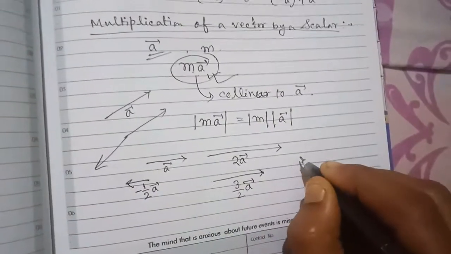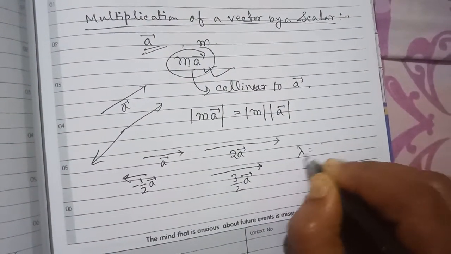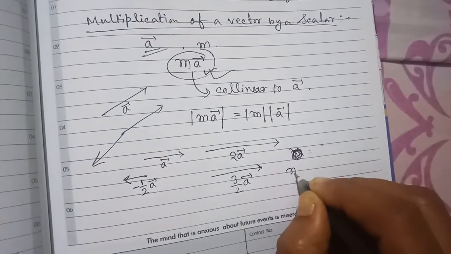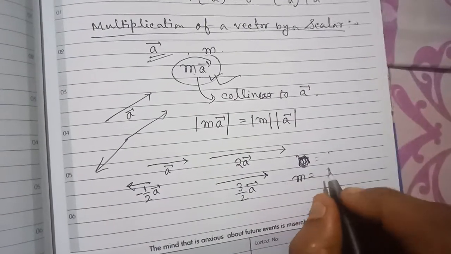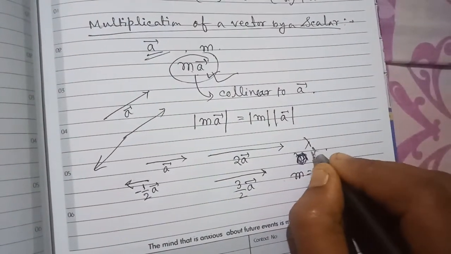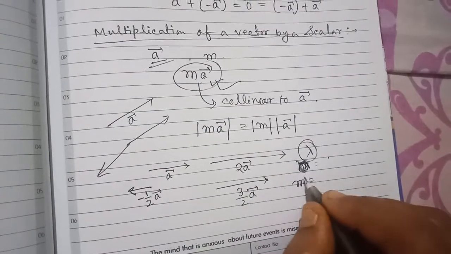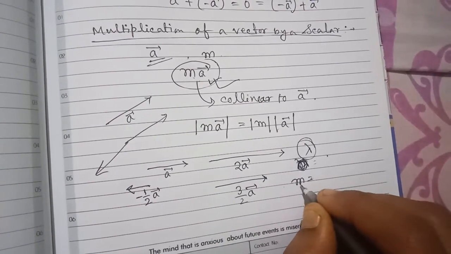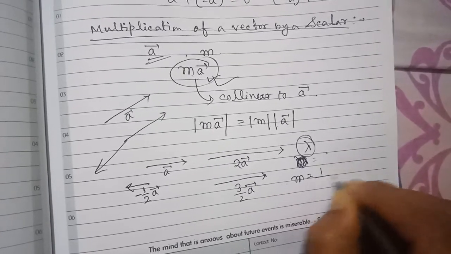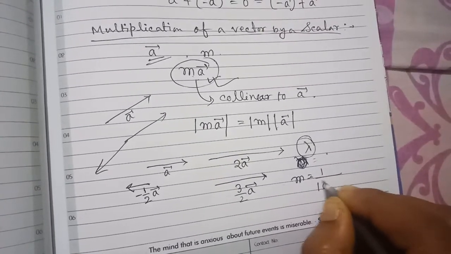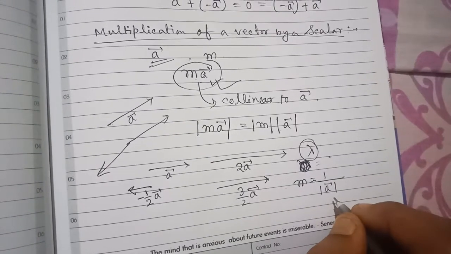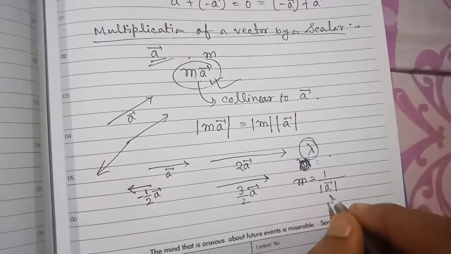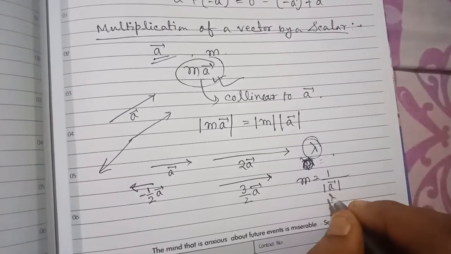Now think about, suppose lambda, actually lambda is used in your NCERT book, I am using m. M is equal to, that means the scalar is equal to 1 by modulus of A vector. Obviously A vector we are not taking as zero vector, it's a non-zero vector.